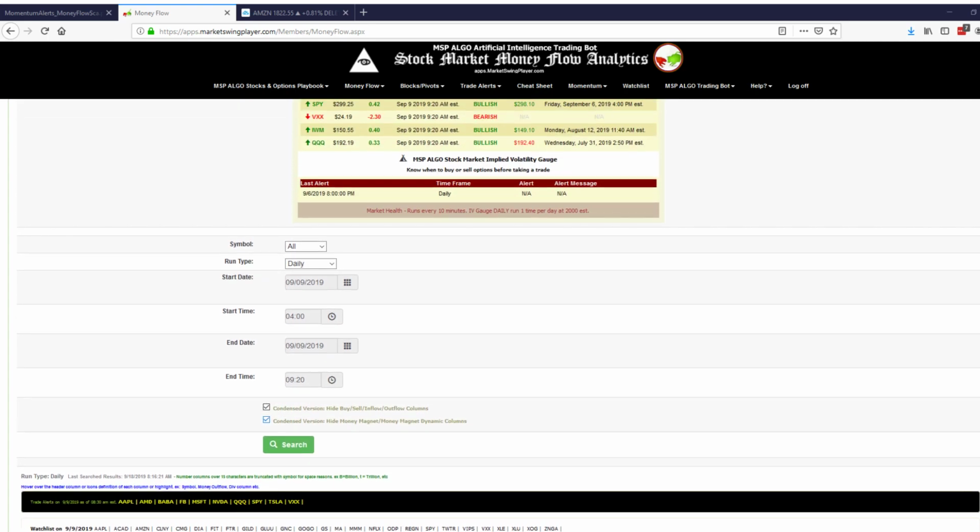Okay, so this is the money flow, and we're just looking at a basic daily time run type here. It contains daily, has the hours of 0400 to 2000. But hypothetically, we're going to be looking at September the 9th. And we want to know what is price going to do, what is the high probability of price action after the open.